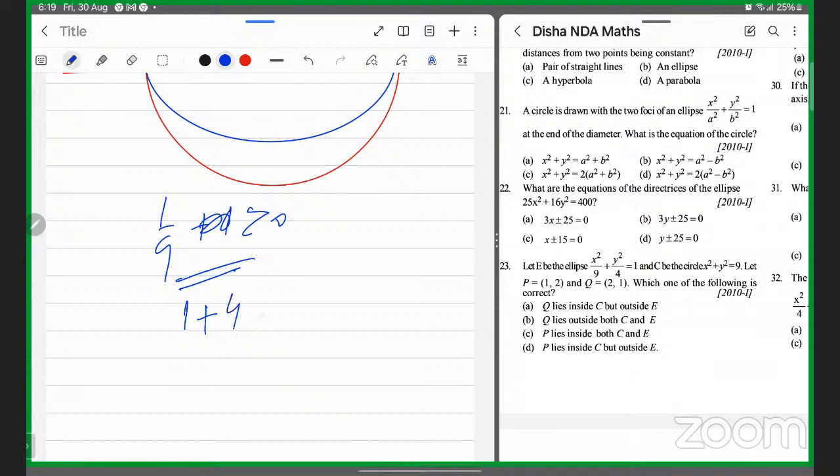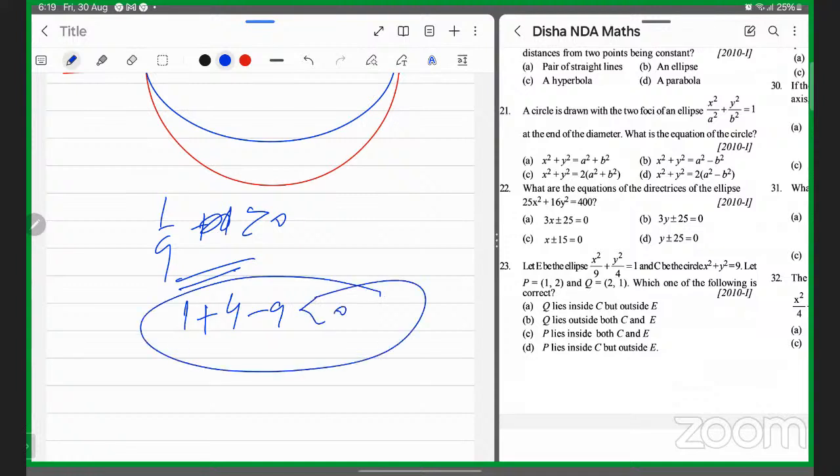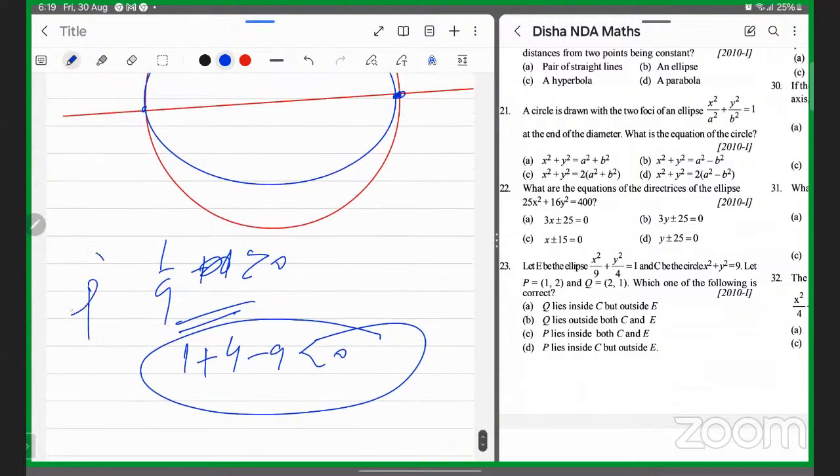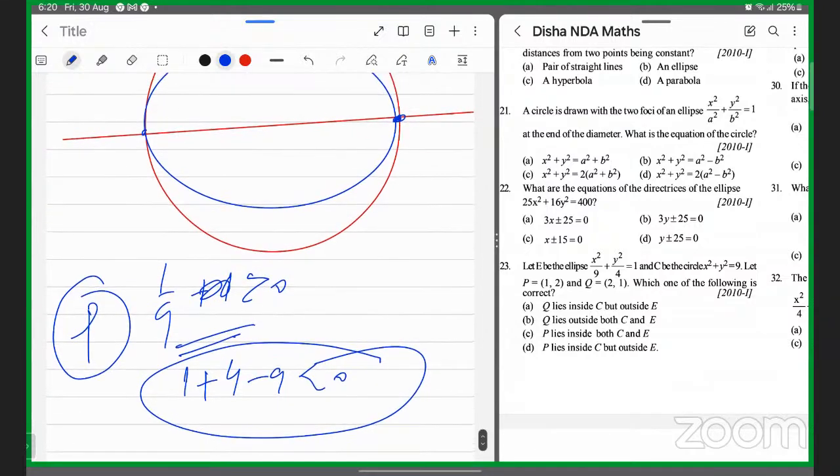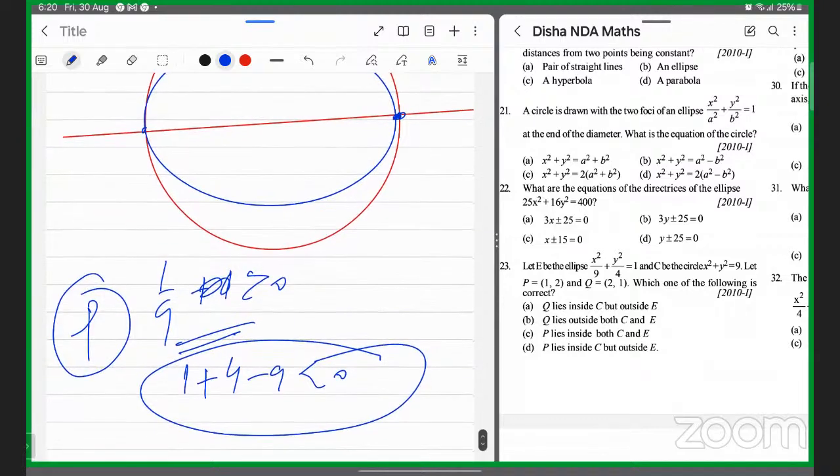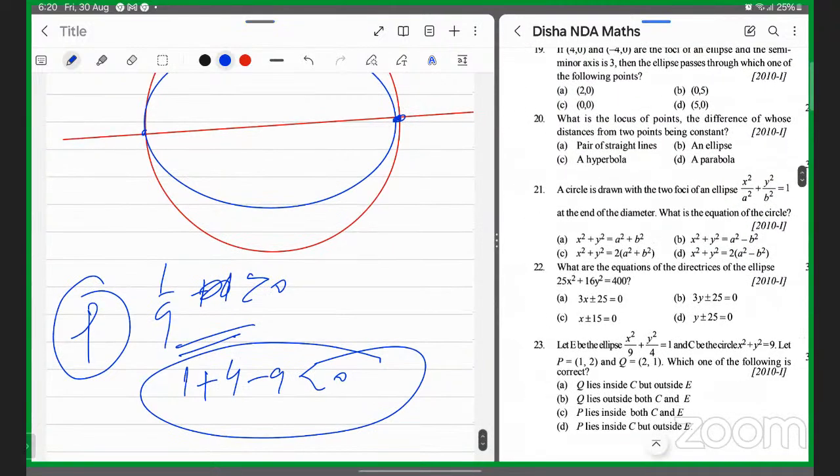So P lies inside C but outside E. Okay. What about Q? Which of the following is correct? I found the correct option, so there is no need to test the others. Right. Now solve 22. Hurry up.